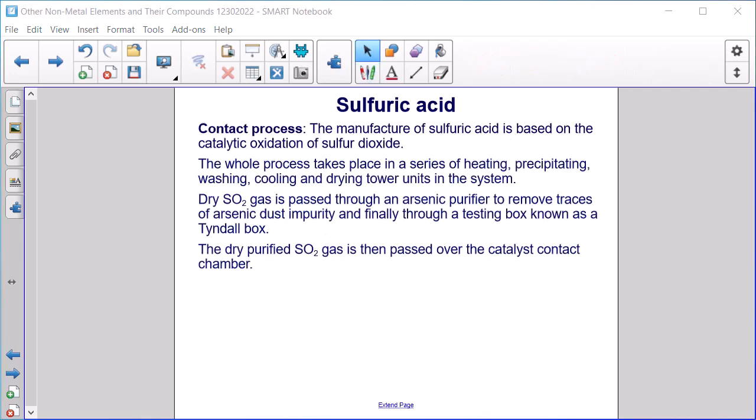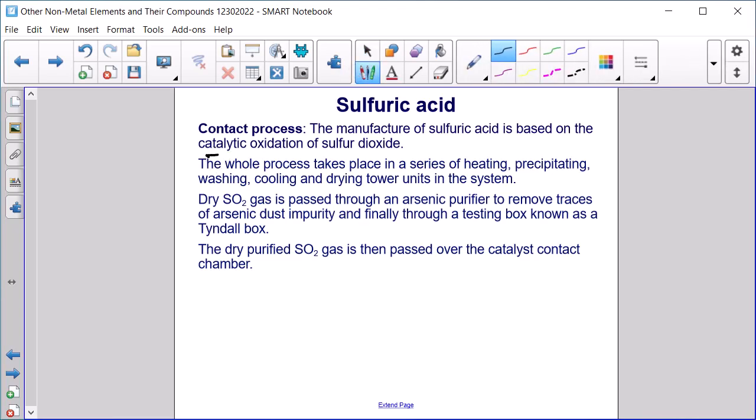Sulfuric acid, contact process. The manufacture of sulfuric acid is based on the catalytic oxidation of sulfur dioxide. The whole process takes place in a series of heating, precipitating, washing, cooling, and drying tower units in the system.